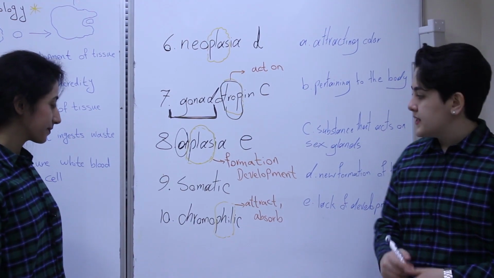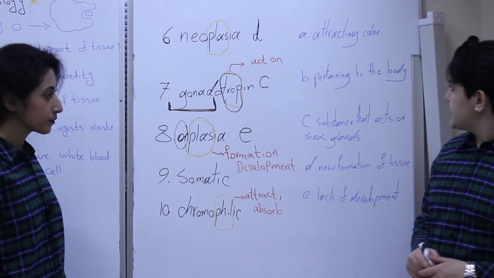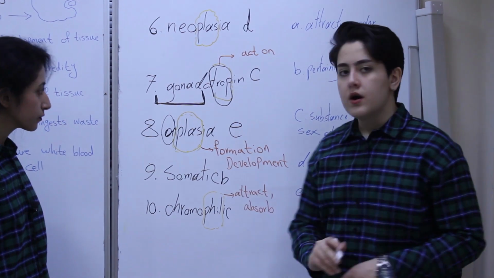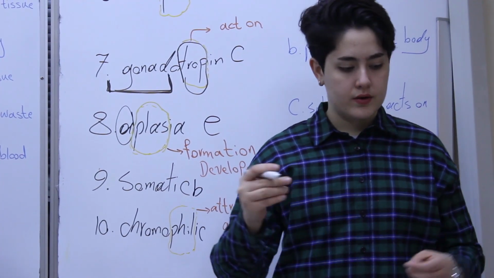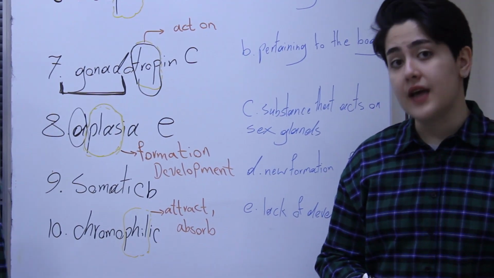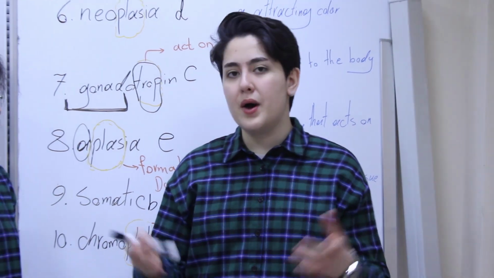Next one is somatic. Somatic means that it is pertaining to the body. Also, you maybe heard it a lot in the books. We have, for example, somatic cells, which are body cells.